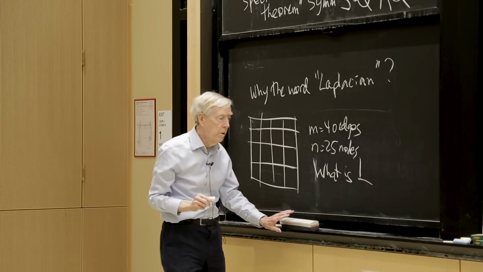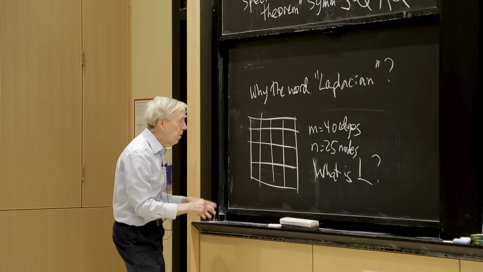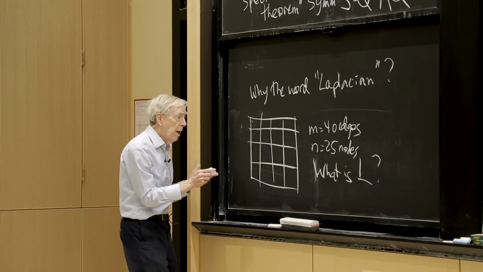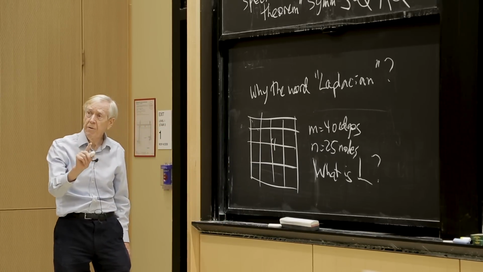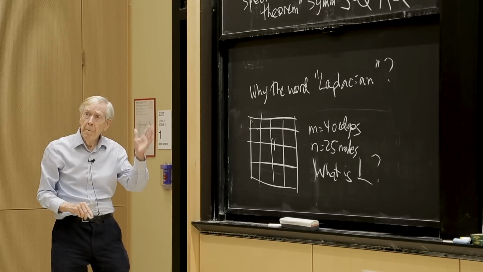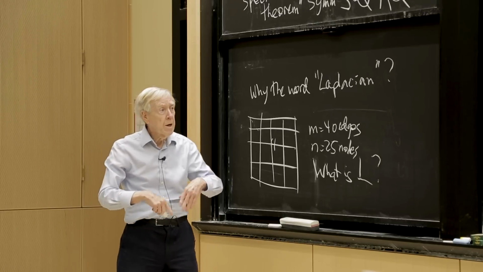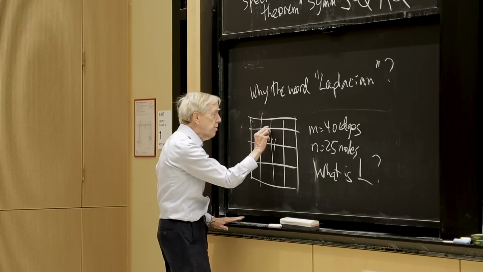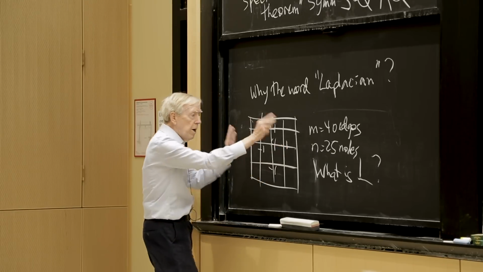And that will tell you why it has this name, Laplacian. So the matrix L will have the degree 4 on the diagonal. That's coming from D. The minus ones that come from B, the adjacency matrix, will be associated with those nodes, and otherwise all zeros.